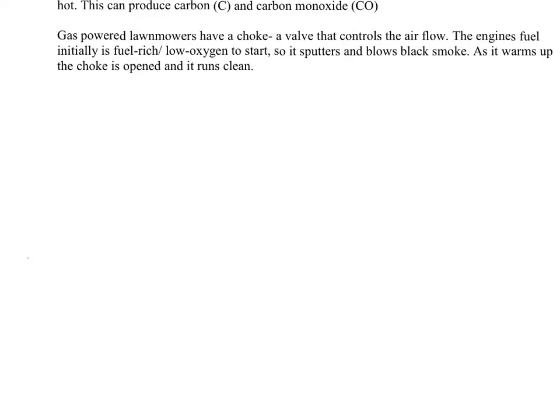Some of you might have lawnmowers at home that are run on gasoline. So they have a choke, which is a valve that controls the amount of air going in. So sometimes as the engine warms up, starts running, it'll sputter a bit and blow out black smoke. And that's because there's not a lot of oxygen to start. As it warms up, it will run a lot cleaner.